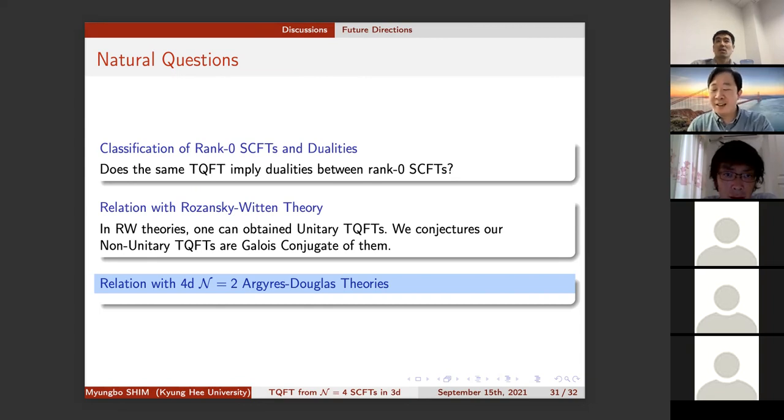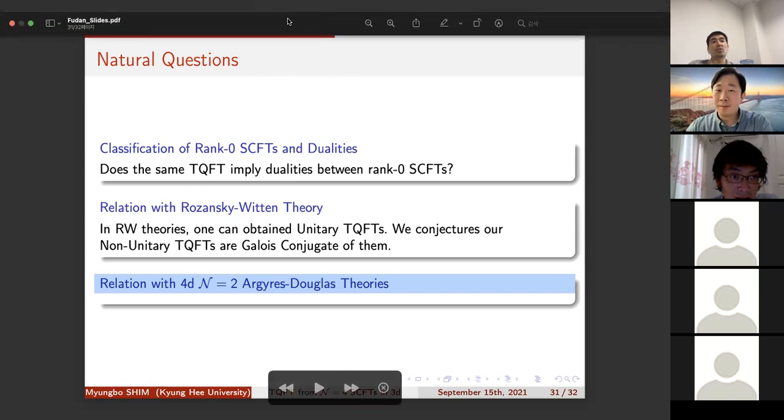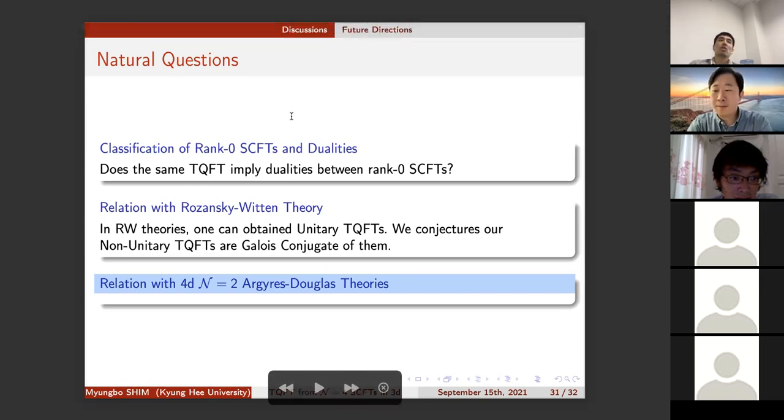Sorry, I'm not that familiar with the 4D necklace partition function. I already forgot. But I'd like to check. Yeah, so there must be a relation between the S1 cross S2 index of this 3D N equals 4 theory, the ADHM quiver, and the necklace partition function.